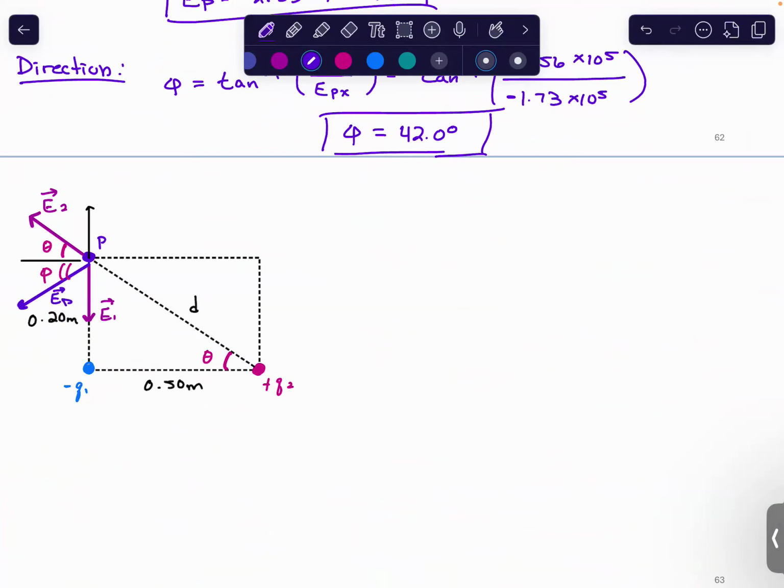Nope. What can I do? It's going to be the same electric fields. How do I turn an electric field into an electric force?